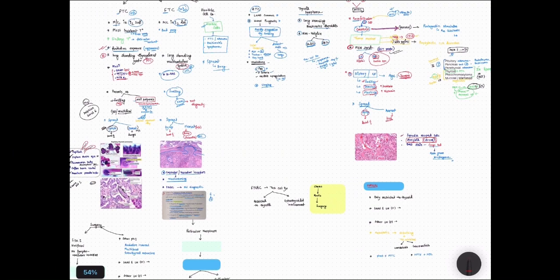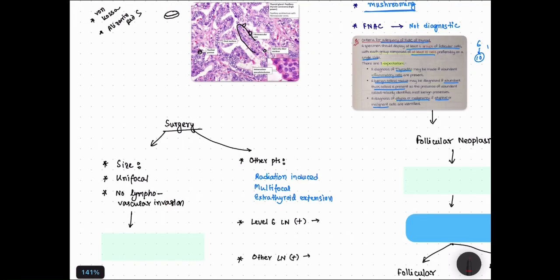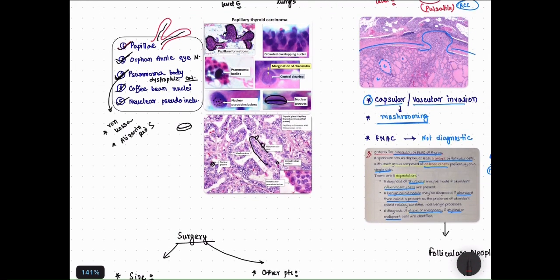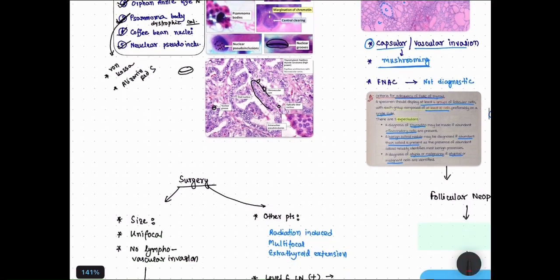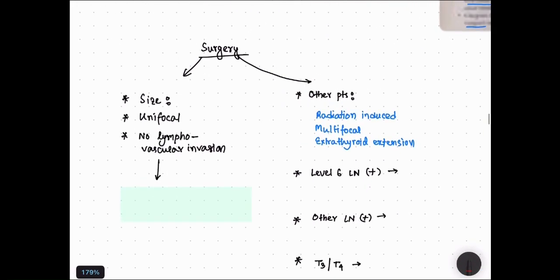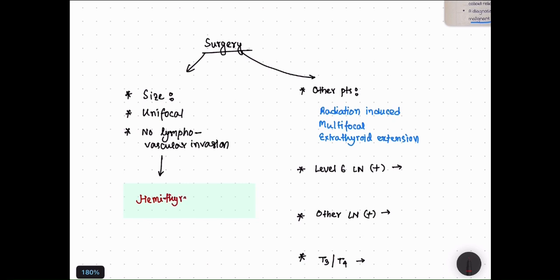Now this is the proper time to discuss the surgical approach to each and every thyroid carcinoma that we have discussed till now. We start with papillary thyroid carcinoma, which is the most common thyroid carcinoma overall, having the best prognosis. We have done FNAC, and FNAC is showing these features, so we have diagnosed it as papillary thyroid carcinoma. For surgery we perform hemithyroidectomy. Hemithyroidectomy is done only when the size of the tumor is 1 to 4 centimeter, that means within 4 centimeter.